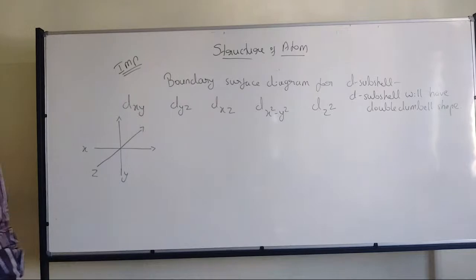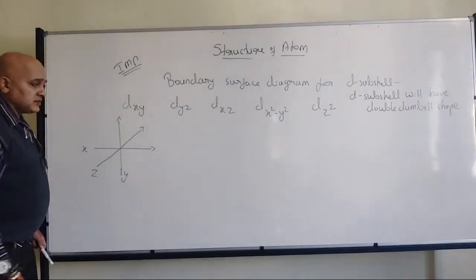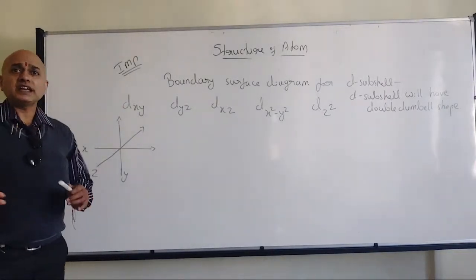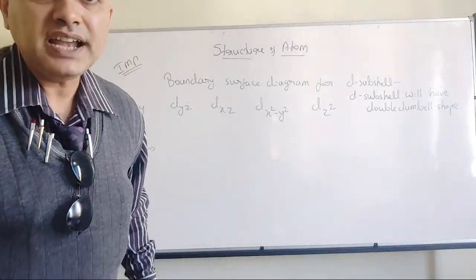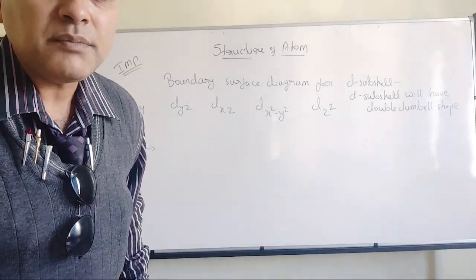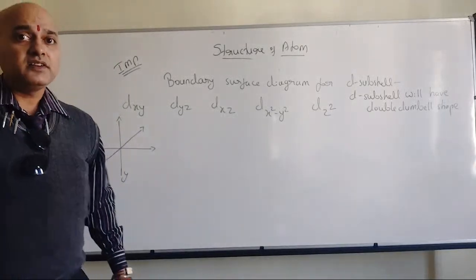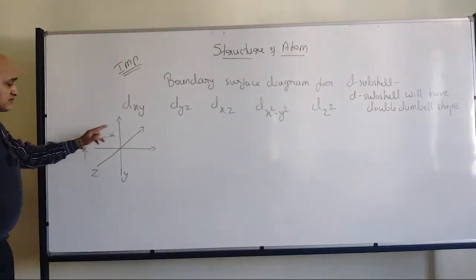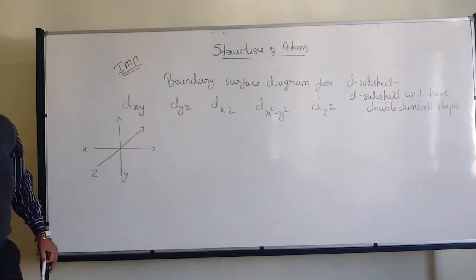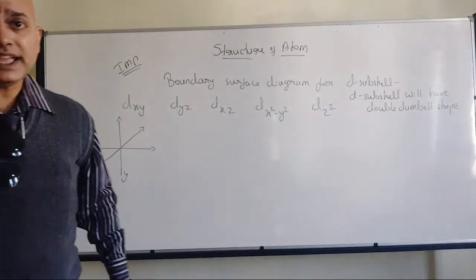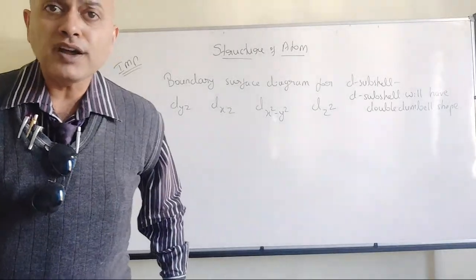Okay. Now, dxy. The simple way to remember, because we cannot show the 3D image, right? So dx square minus, x square minus y square, okay? Fine. So when I am talking about the picture, it is actually a 3D image which will be difficult to draw on a board.